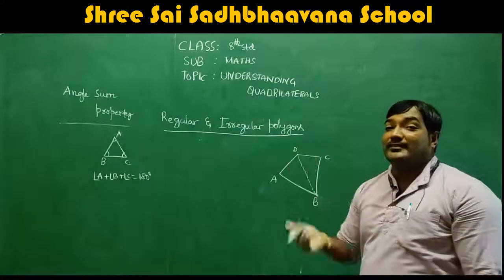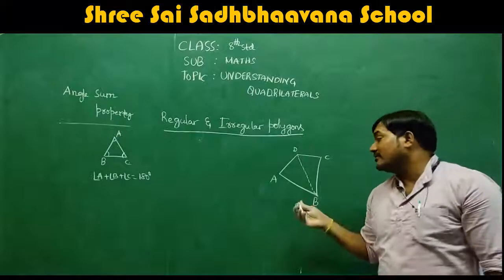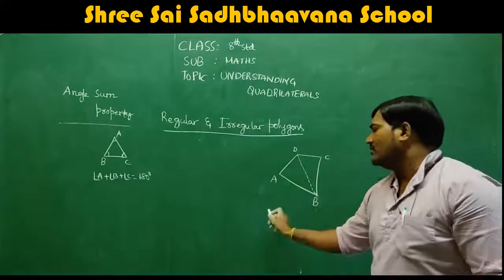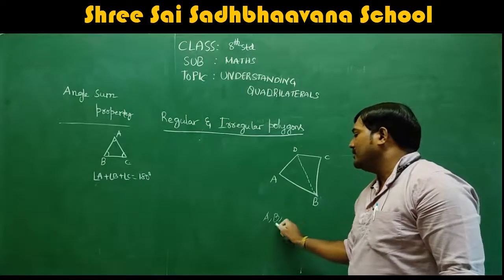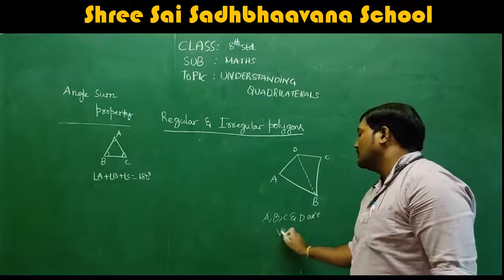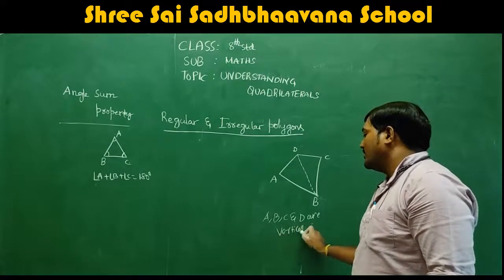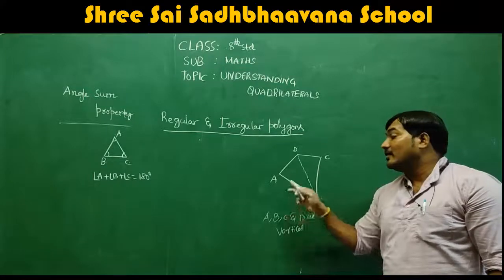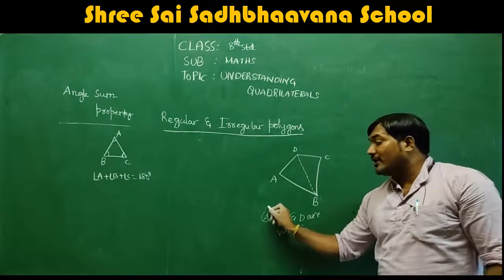As we discussed in the last classes, for any closed figure, A, B, C and D are called vertices. A, B, C, D are considered as vertices, where A alone is called a vertex.